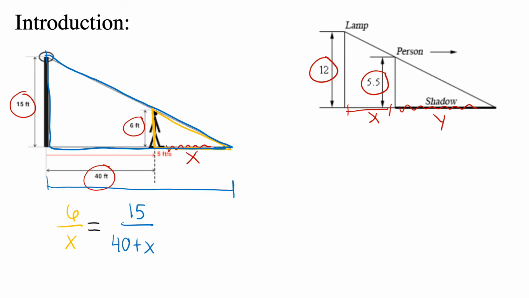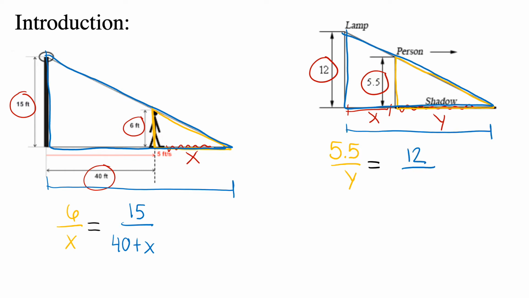So now when I go to set up my proportion, looking at my smaller triangle first, I'm going to fill that in as 5.5 over y, and we can set that equal to our bigger triangle, which would be our height of 12 over that whole bottom is actually going to be x plus y. So just some quick practice in setting up our proportions before we actually get started with our calculus.